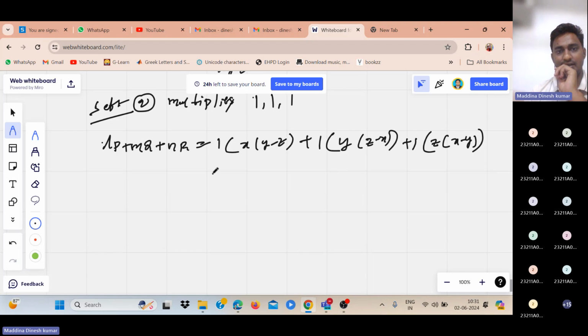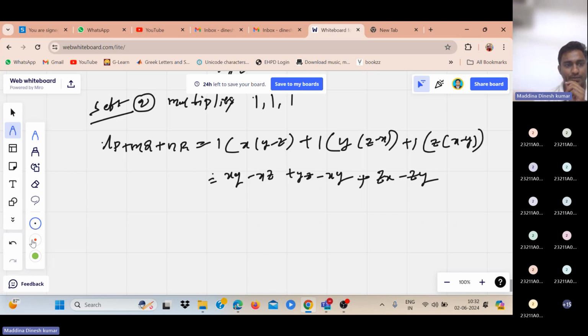So here we will get XY minus XZ plus YZ minus XY plus ZX minus ZY. So XY will vanish out, XZ will vanish out, YZ will vanish out. It is equal to 0.